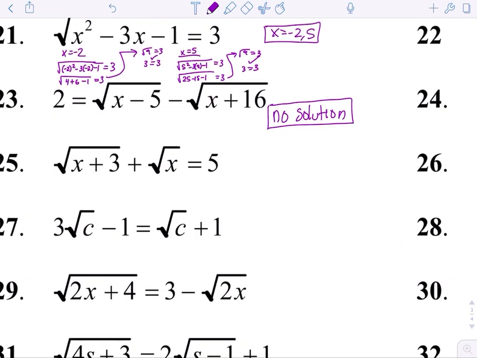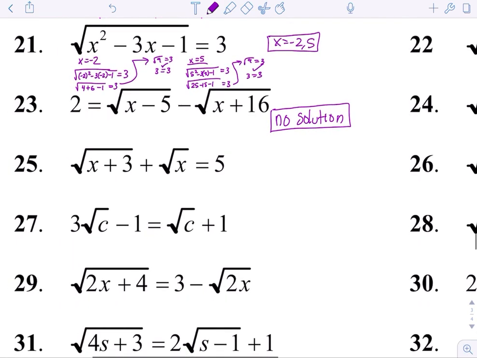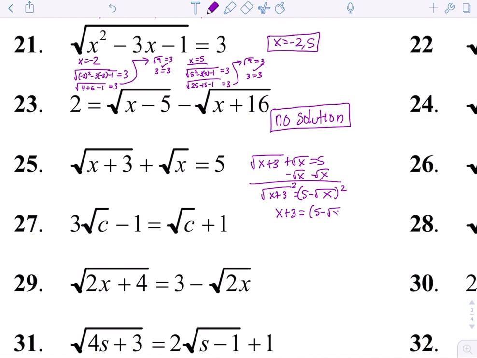Alright, 25, okay? We are going to subtract rad x from both sides. So just isolate: square root of x plus 3 is equal to 5 minus square root of x. Take both sides to the second power, so x plus 3 is equal to multiplying it twice, just like this.